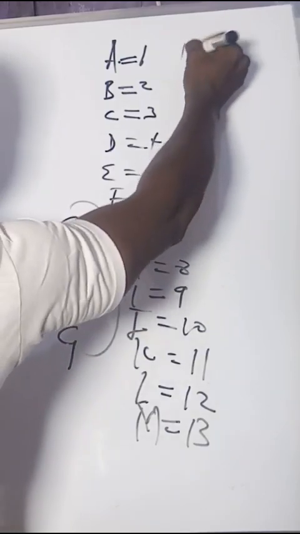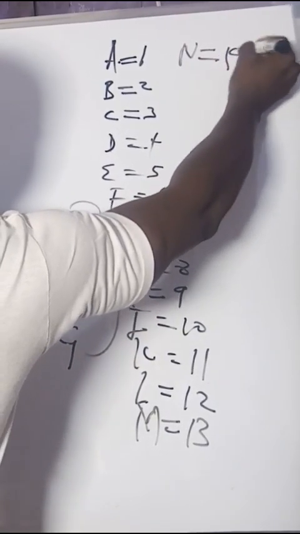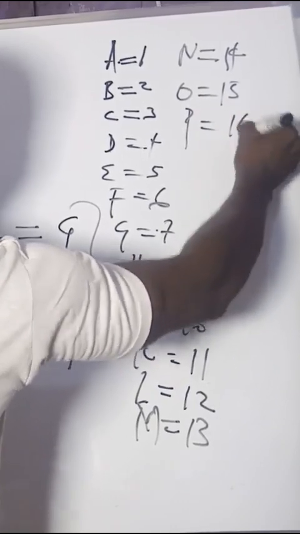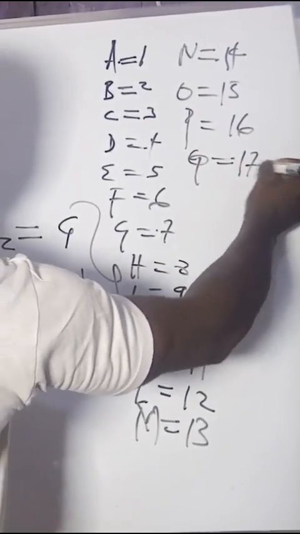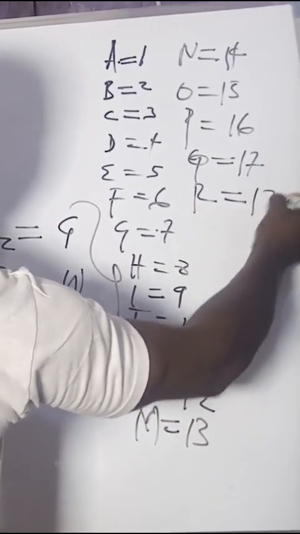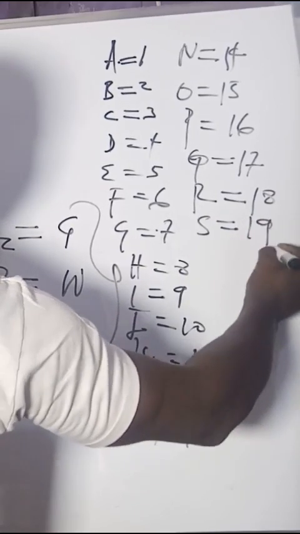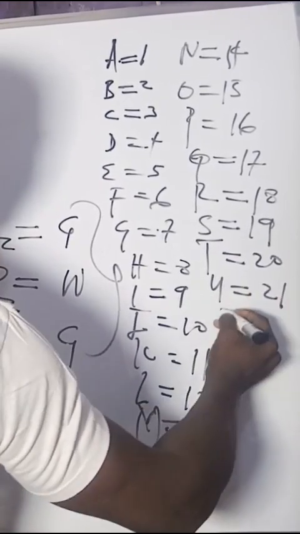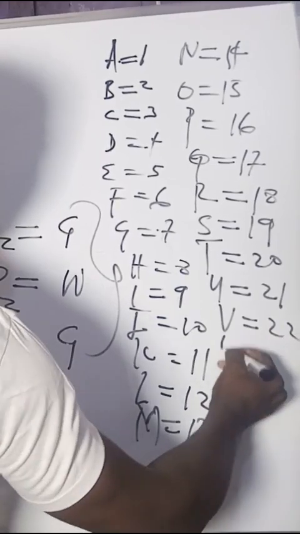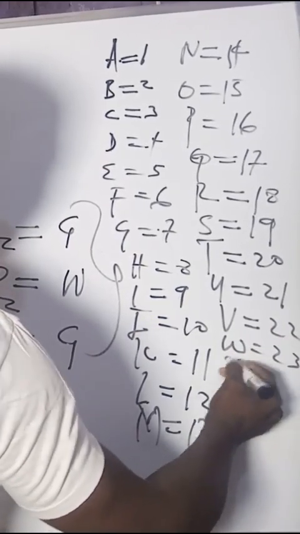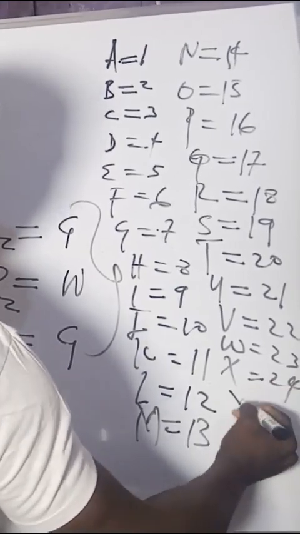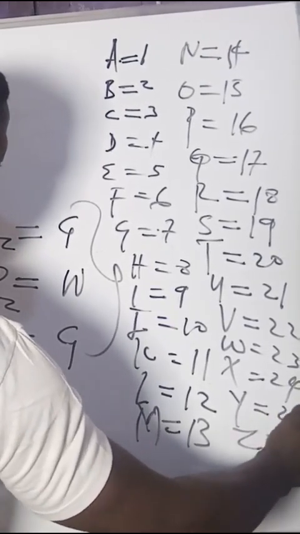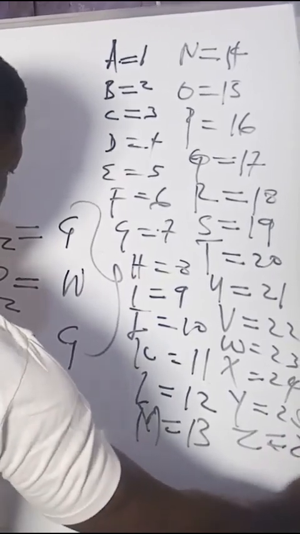Then proceeding forth, we have N is equal to 14, O is equal to 15, P is equal to 16, Q is equal to 17, R is equal to 18, S is equal to 19, T is equal to 20, U is equal to 21, V is equal to 22, W is equal to 23, X is equal to 24, Y is equal to 25, and Z is equal to 26.